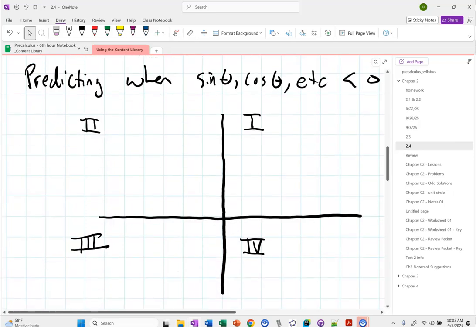What we want to do for a moment now is talk about how we can predict when sine, cosine, tangent, cosecant, secant, and cotangent are positive or negative. Everybody's okay? This is a really, really important skill.